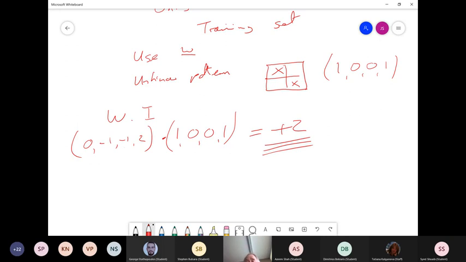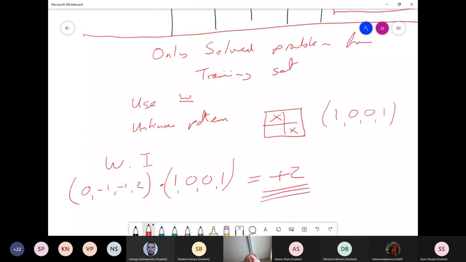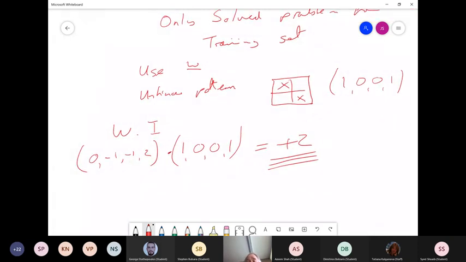Now, having got the weight vector, the testing is very simple. It's just a single pass operation, a single scalar and applying a threshold. So, in practice, the training is the time-consuming operation.